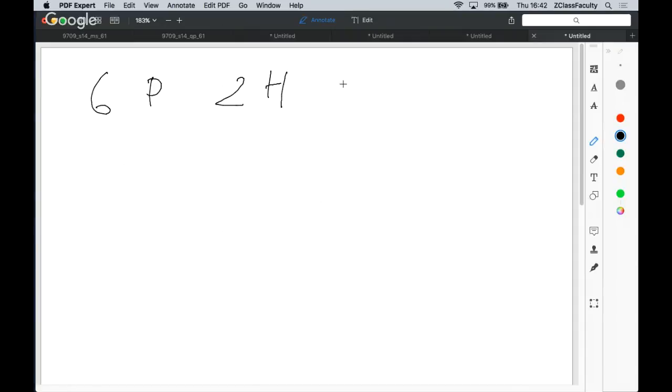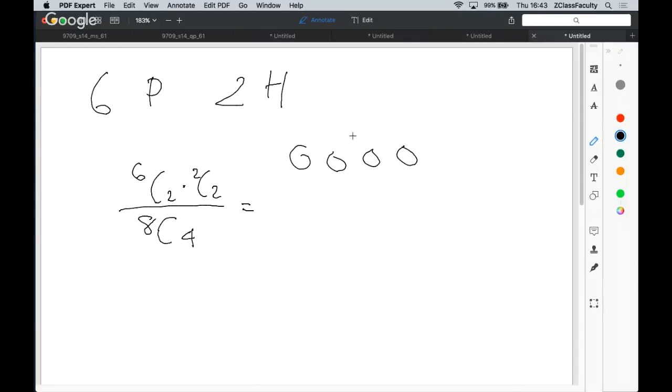To this bigger table, so this is times 2, times 2, times 2. Can you explain? Because we need to choose 4, and then this one has to be paperback, and then this one has to be hardback.